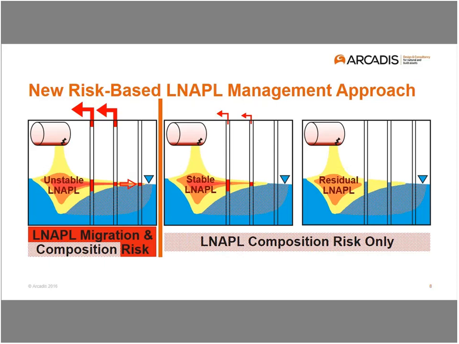And then on the other side of this line, now we've separated the right two panels from the left one, and the LNAPL is stable in the middle panel. There's still some LNAPL in wells, but the LNAPL body overall isn't moving. And then on the rightmost panel, there's residual LNAPL.